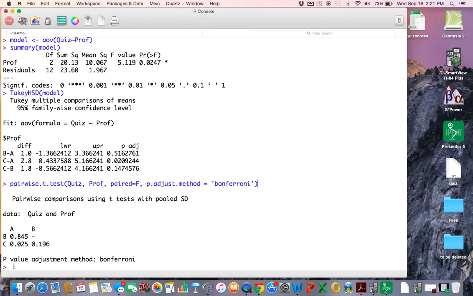So they'll go through and try them all and find the one that gives the result closest to what they hope to find. I think that's a little wishy-washy. I typically would report Bonferroni. I think there's nothing wrong with reporting Tukey. Just be consistent with it.